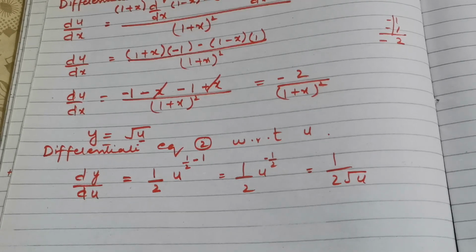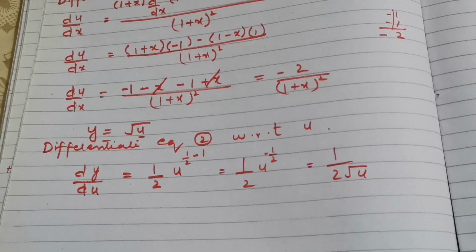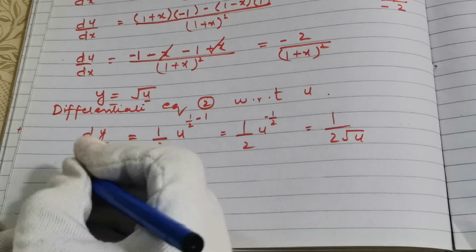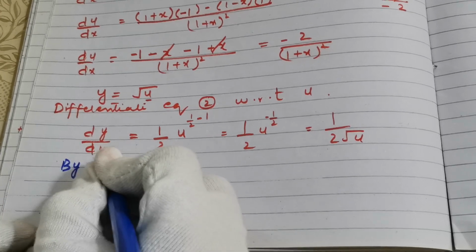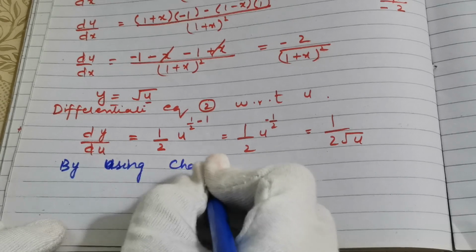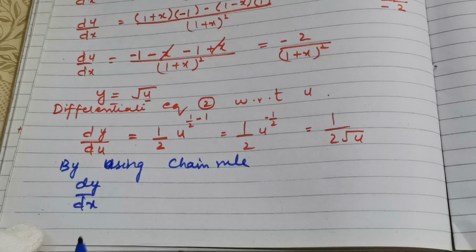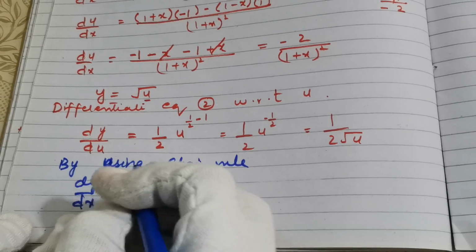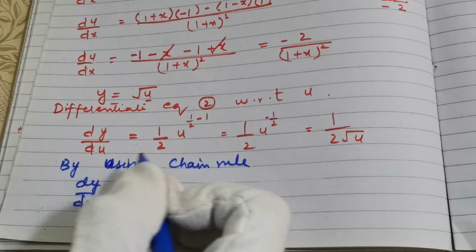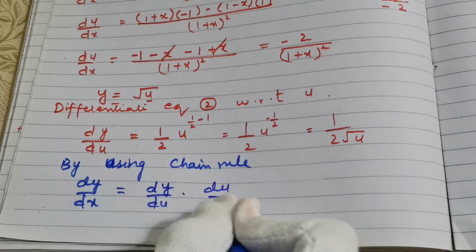Now by using the chain rule, dy by dx is equal to dy by du times du by dx.